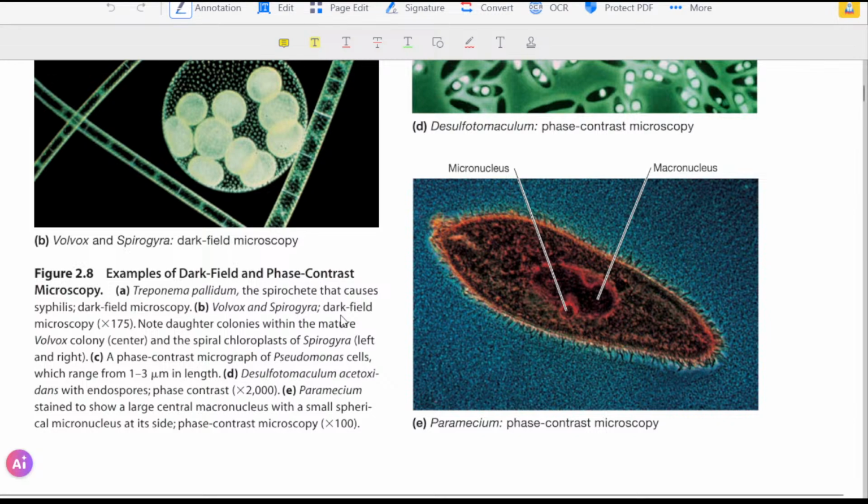Here they are explaining dark field microscopy, noting the daughter colonies within the mature Volvox colony and the spiral chloroplast of the Spirogyra. They are saying that we can see inside the Volvox as well, and the things we see inside are the daughter colonies, the things that are going to become mature Volvox colonies.